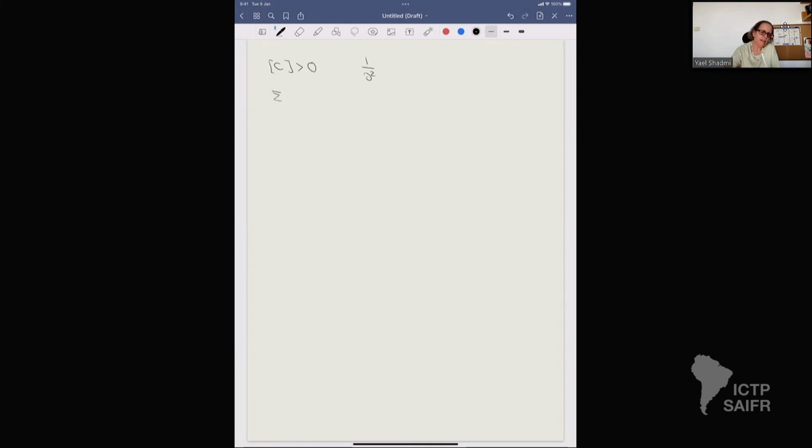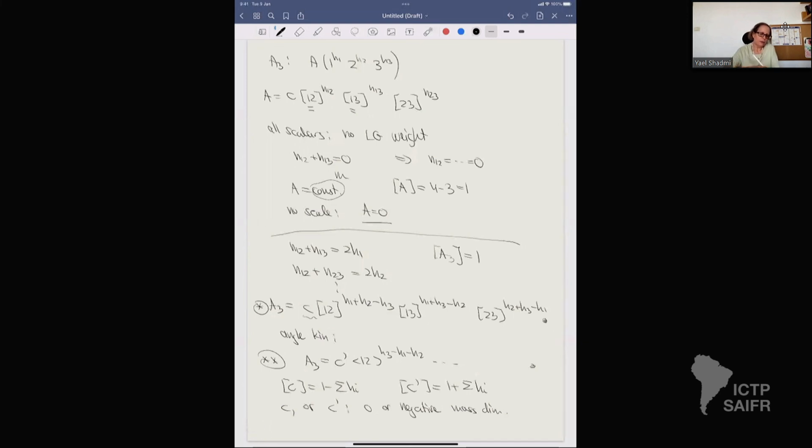So that's going to tell us which one of the forms this is. If the sum of helicities is greater or equal to 1, then we live in the square kinematics. And the other way around, if it's smaller than -1, then we have angle kinematics. So that tells us which one of these possibilities is realized. But you see what happened. Up to some coefficient, we now have the full list of 3-point amplitudes for any particle spins.